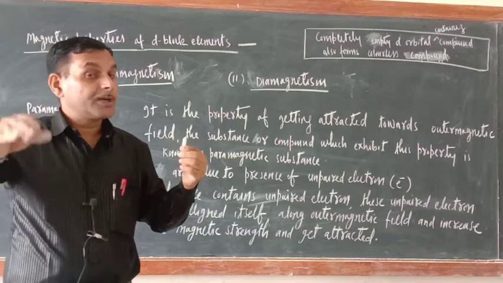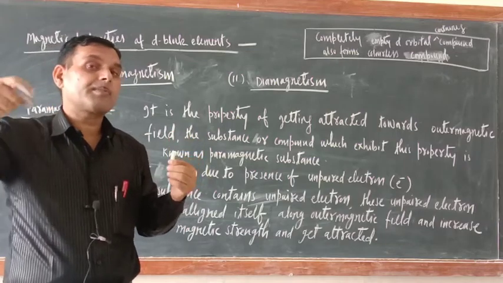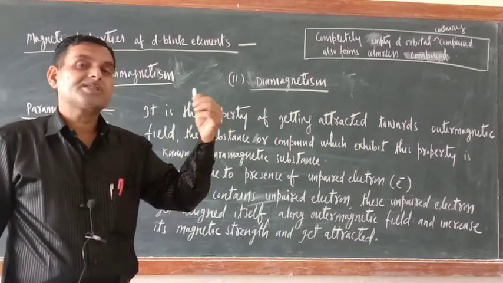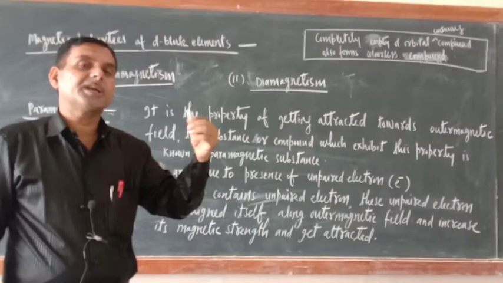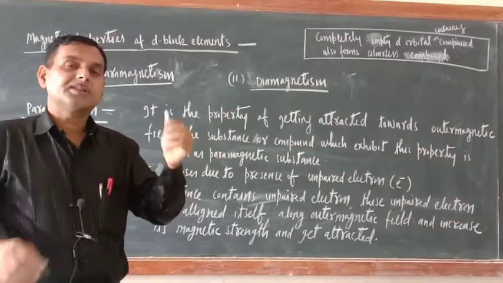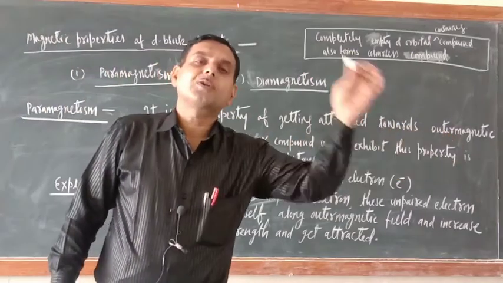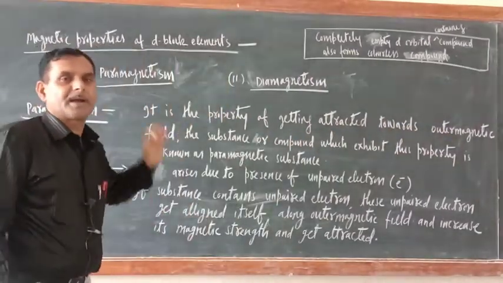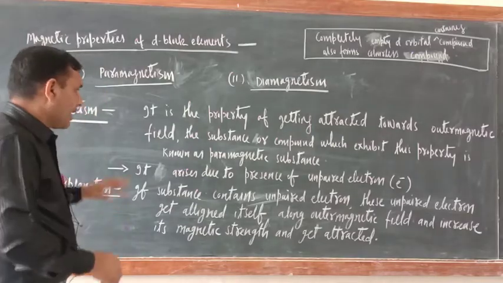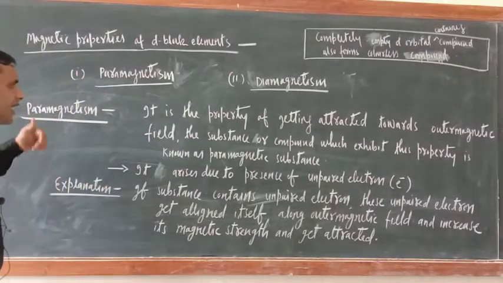In this way, the strength of the outer magnetic field will increase, and automatically this substance will be attracted towards the outer magnetic field. This is paramagnetism. Now the opposite of this is diamagnetism.